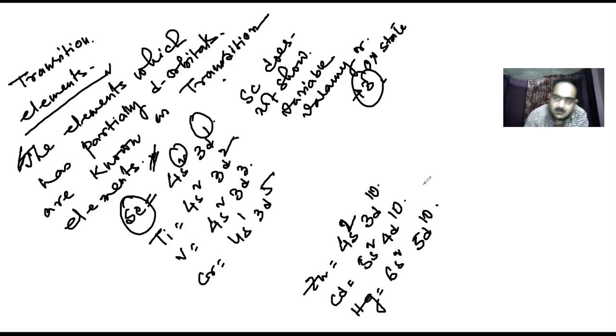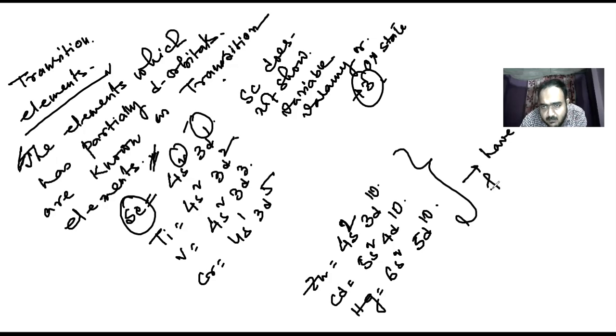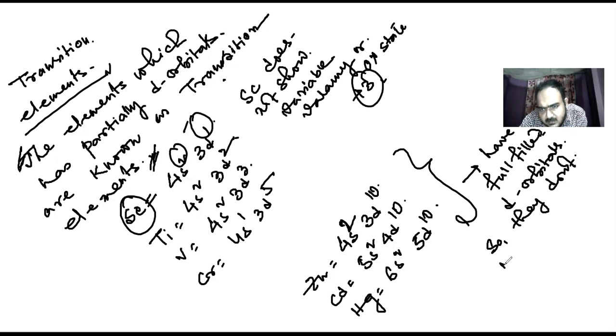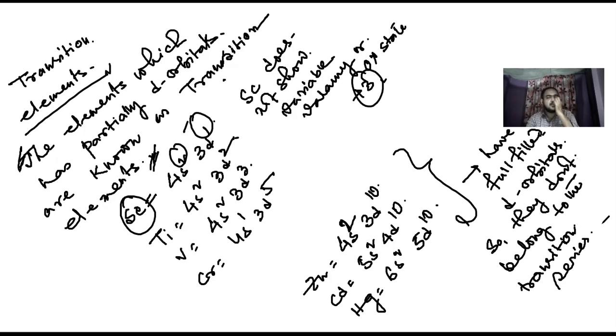So by the definition, the elements which have partially filled d orbitals are transition elements, but these three have fulfilled d orbitals, so they do not belong to the transition series.